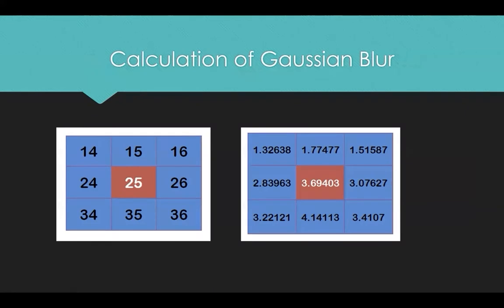Now, if you see the image on the left, here we are assuming that the gray values of the pixels range from 0 to 255. As you can see, each pixel in that image has a value from 0 to 255. Now, if you see the image on the right, that is the output of our Gaussian blur algorithm.